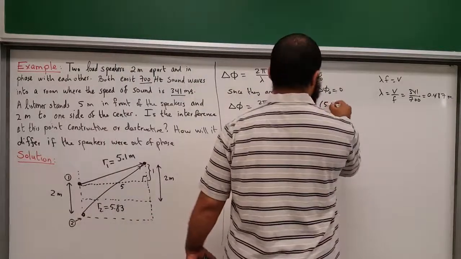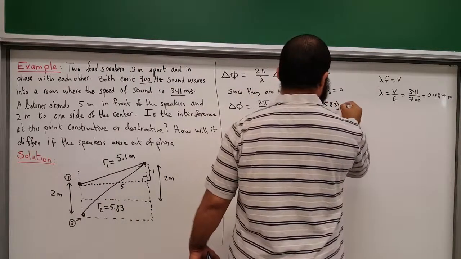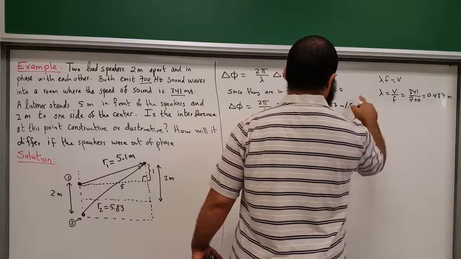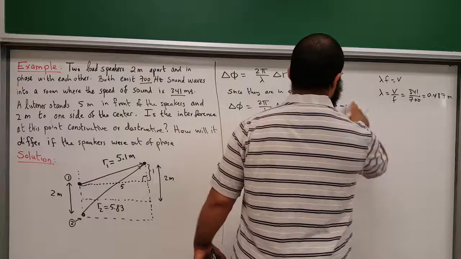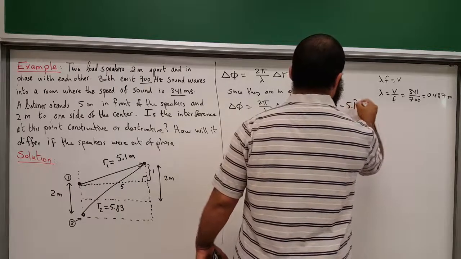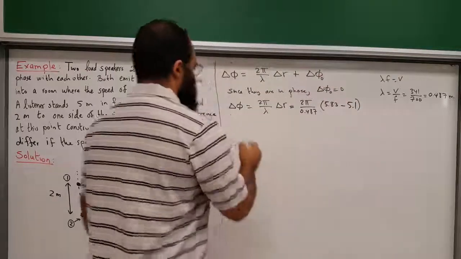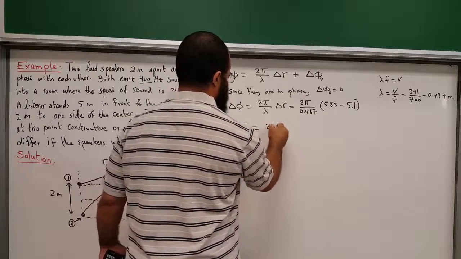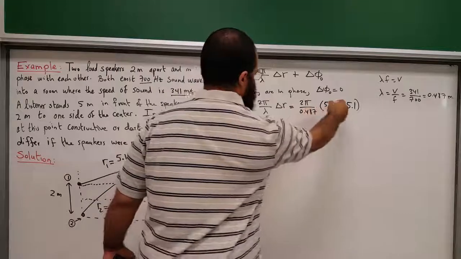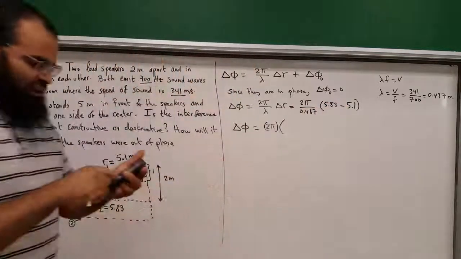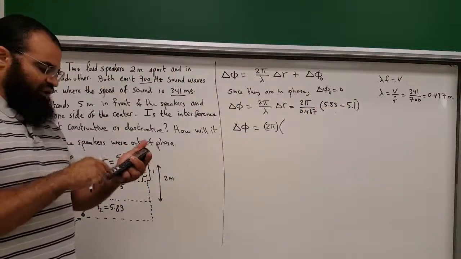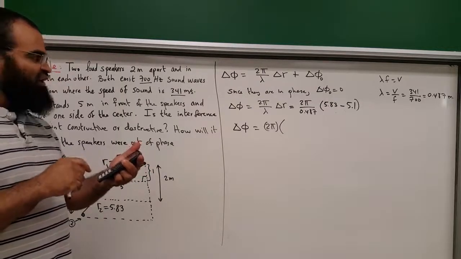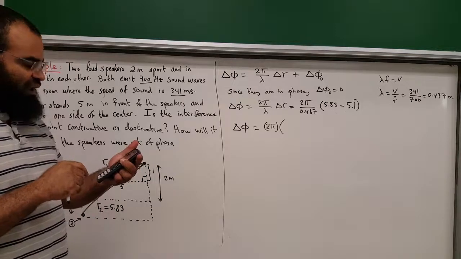So delta phi will equal 2 pi times, let's see what this number is. 5.83 minus 5.1 gives me 0.73.